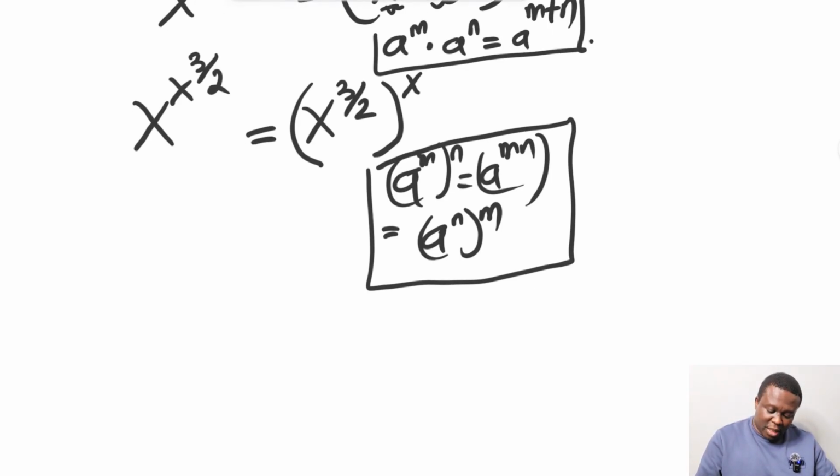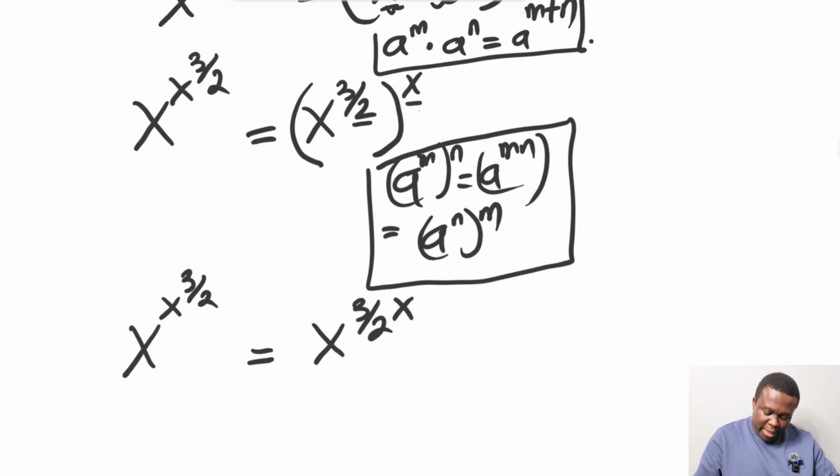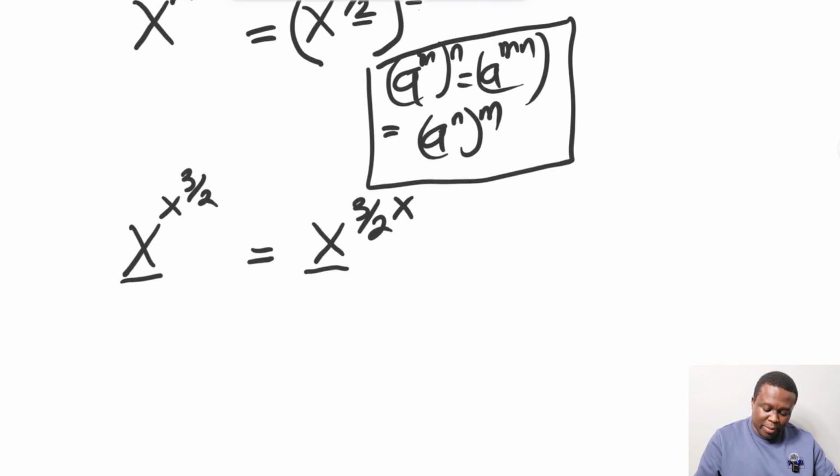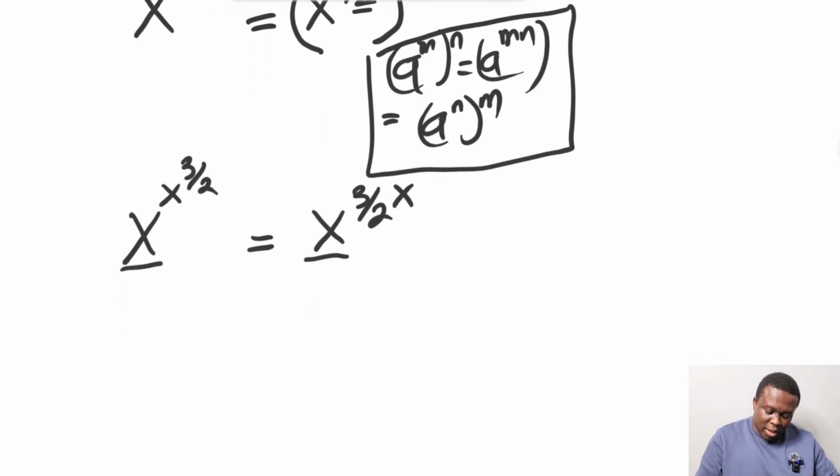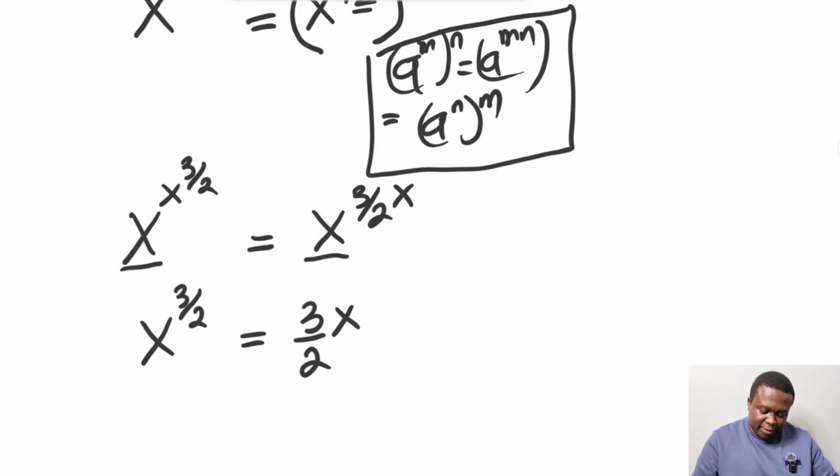Now on the left-hand side, we have x raised to the power 3 over 2 x. On the right, x raised to the power 3 over 2 times x will give us 3 over 2 x. Now we have the same base, so we can equate the powers. So now we have x raised to the power 3 over 2 equals 3 over 2 x.